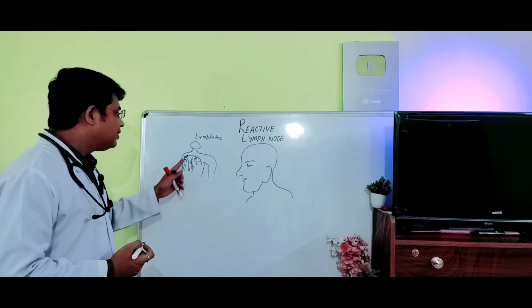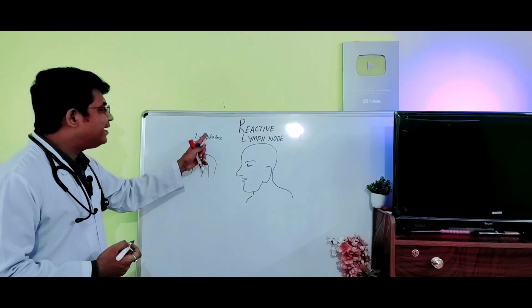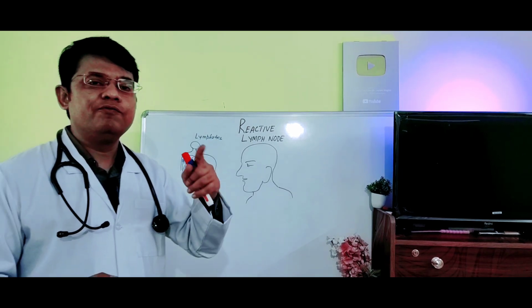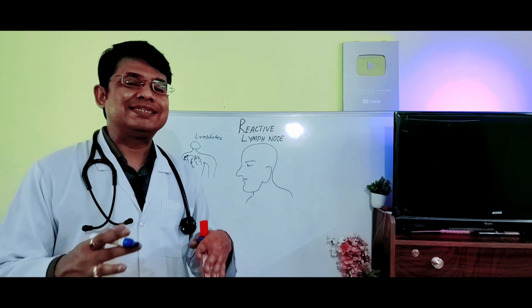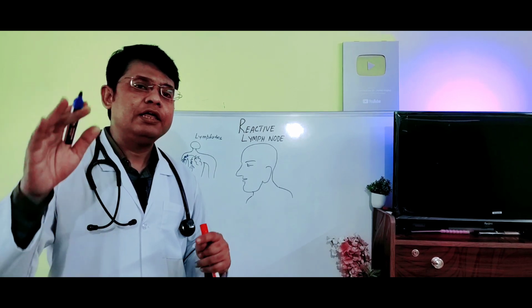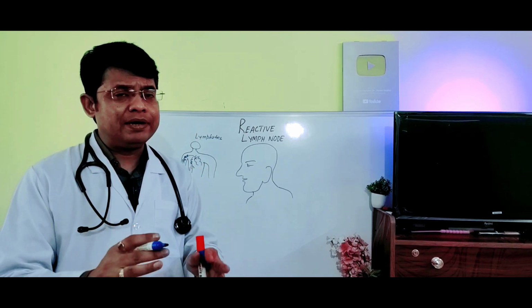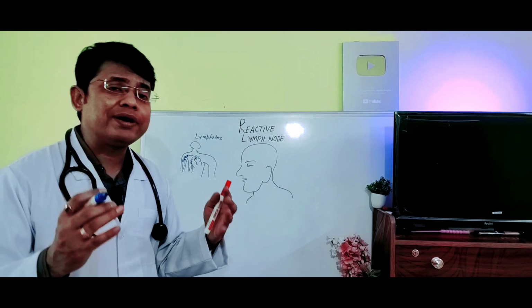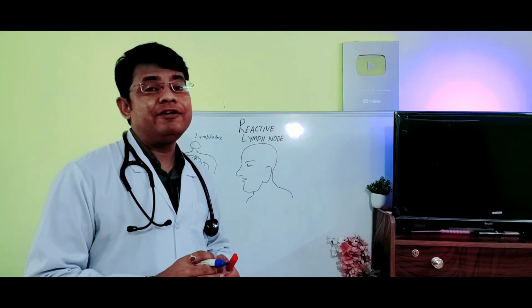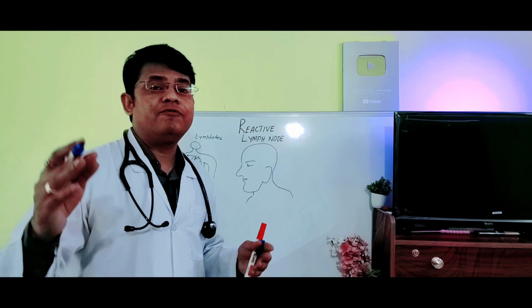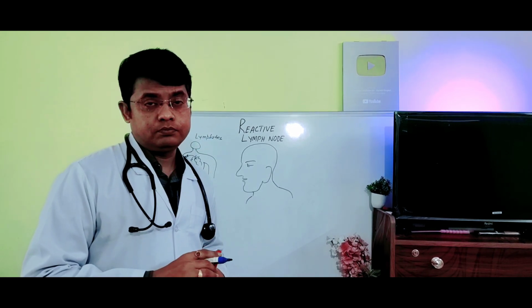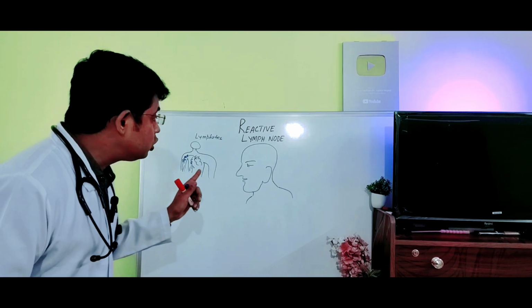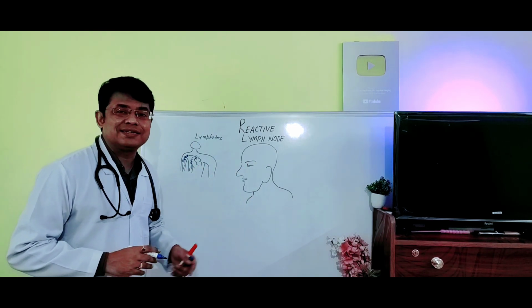So lymph nodes and lymphatics make the lympho-reticular system, and this system is concerned with building immunity. By building immunity, they protect us from foreign invaders like bacteria, viruses, parasites, fungus, etc. Also they help to control cancerous cells.